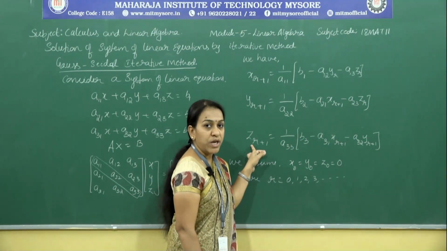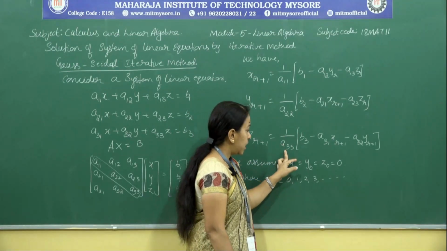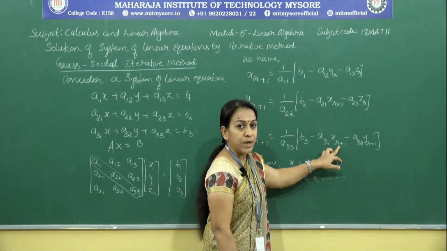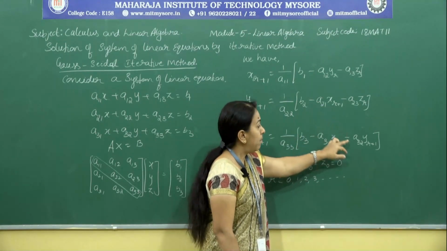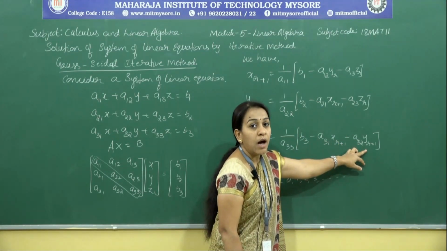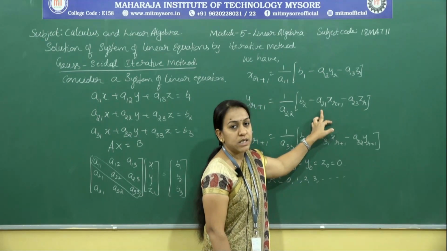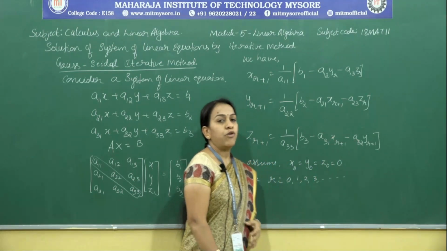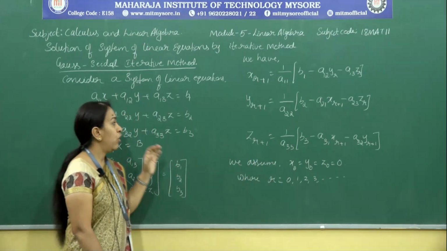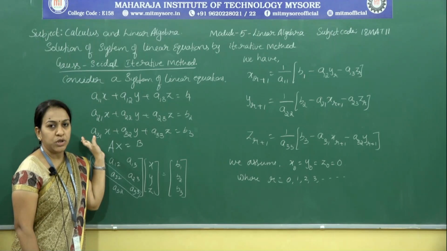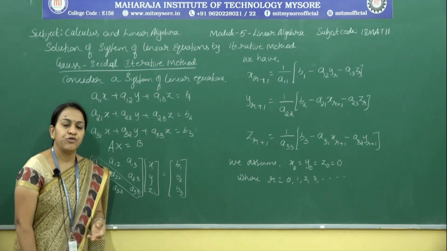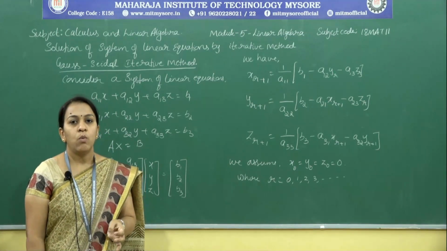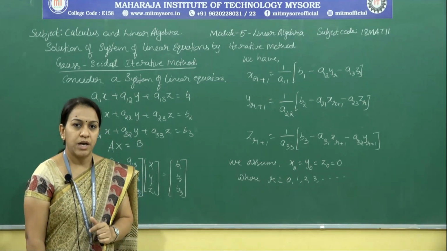And z(r+1) is 1 by a33 into b3 minus a31 x(r+1), which was solved in the first step, minus a32 into y(r+1), which is solved in the second step. This result is used here. So this is the formula to get the solution of the system of linear equations, that is, to find the values of x, y and z.